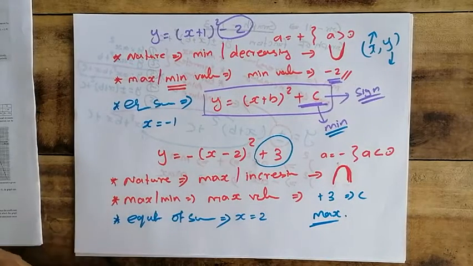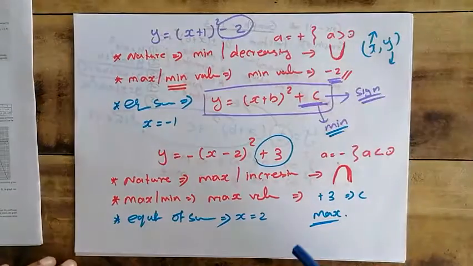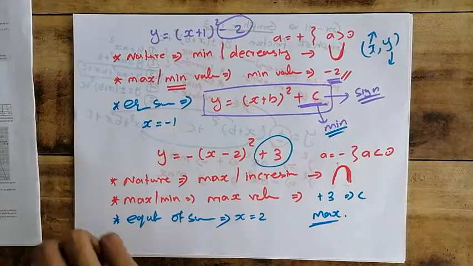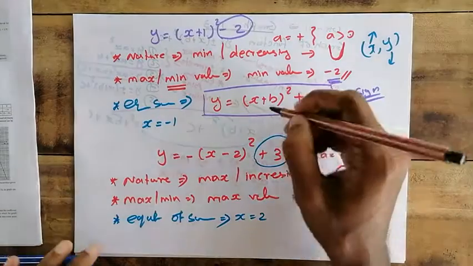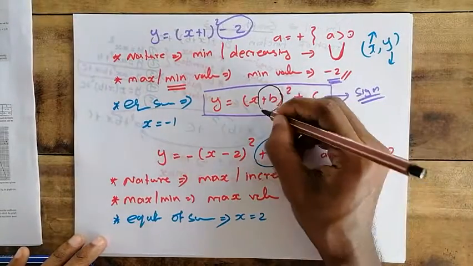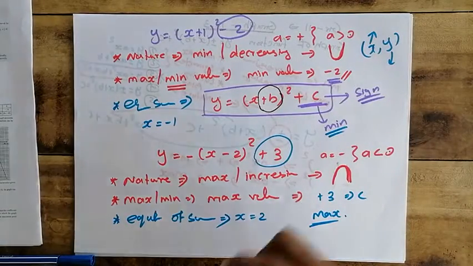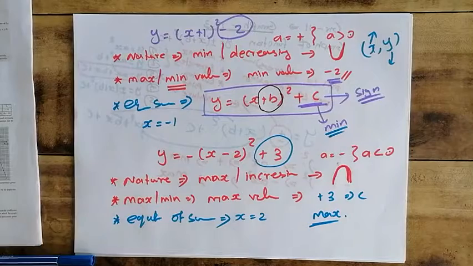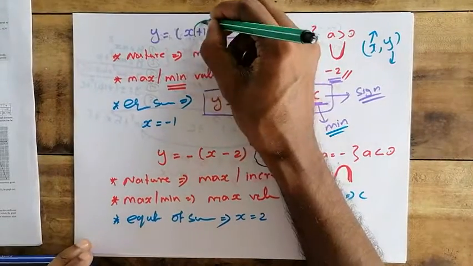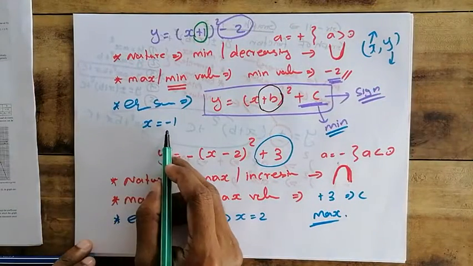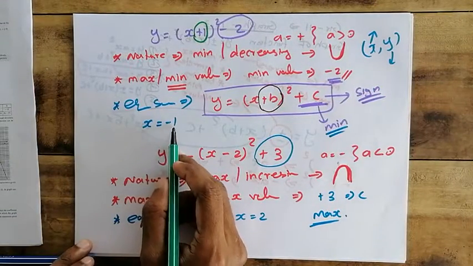Okay. Like the value of c, we'll check the value of b. The value of b inside the binomial, we'll check in these two equations. Okay, first, the value of b of the first graph is plus 1. The symmetry axis equation is minus 1.